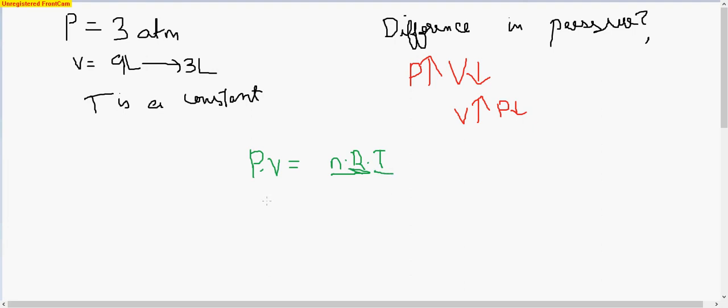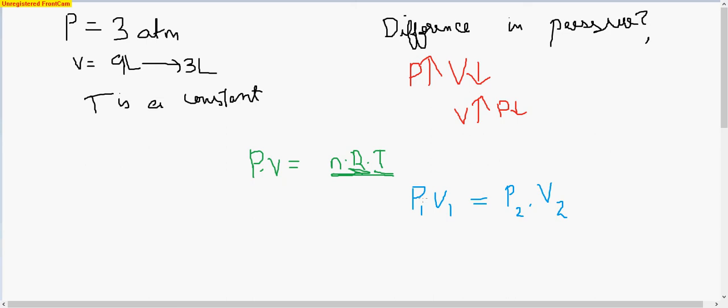So since nRT will be equal in the first case as well as the second case, we can conclude that nRT initial is equal to nRT final. So we can also say that P1 V1 initial is equal to P2 V2, the final one.